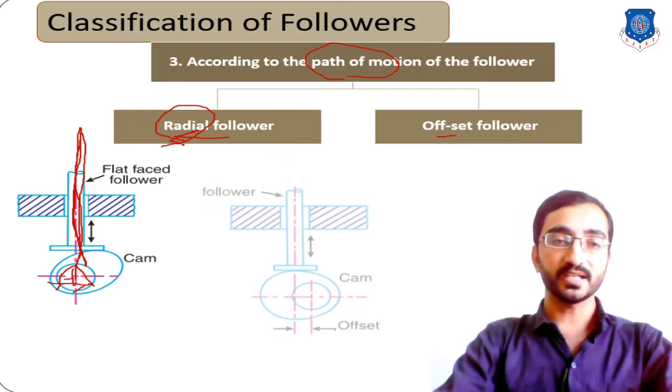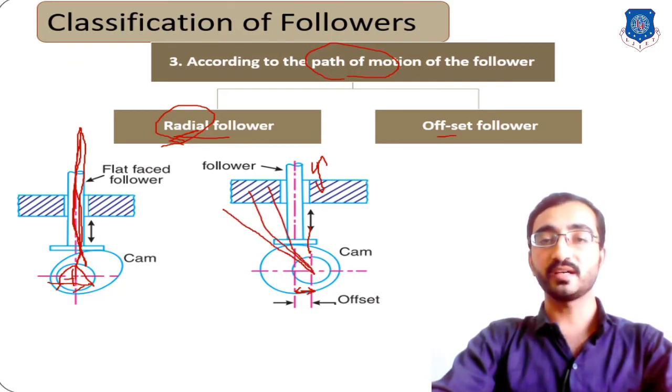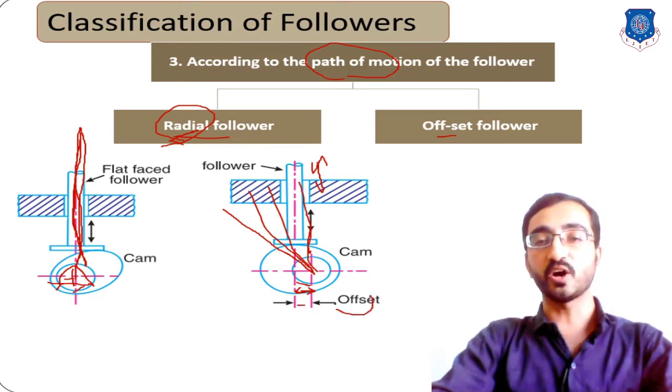Now what happens in offset follower? In offset follower, the line of action, or we can say the path of this follower, is slightly offset. It is not directly matching with the radial line of your cam. If you draw the radial line, it will be in this direction, so it is not matching with the radial line but is slightly offset, and that's why it is termed an offset follower.